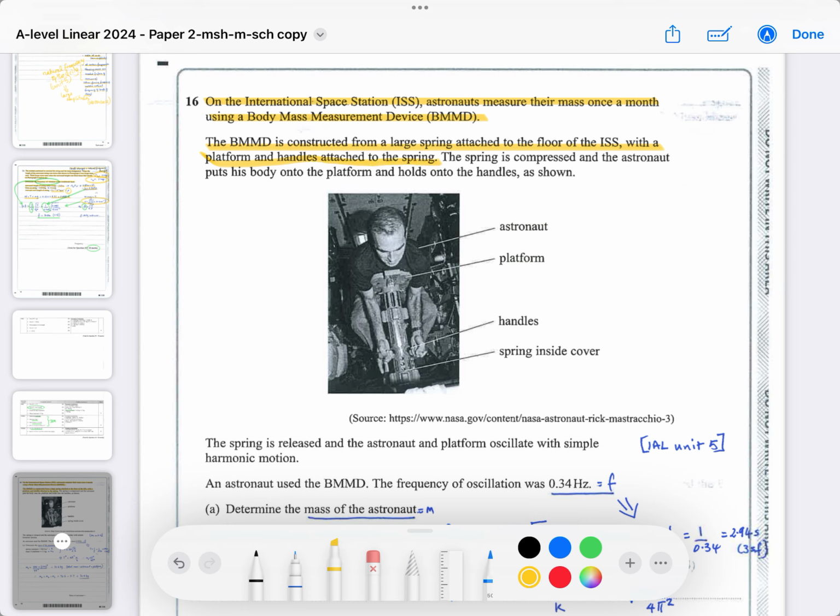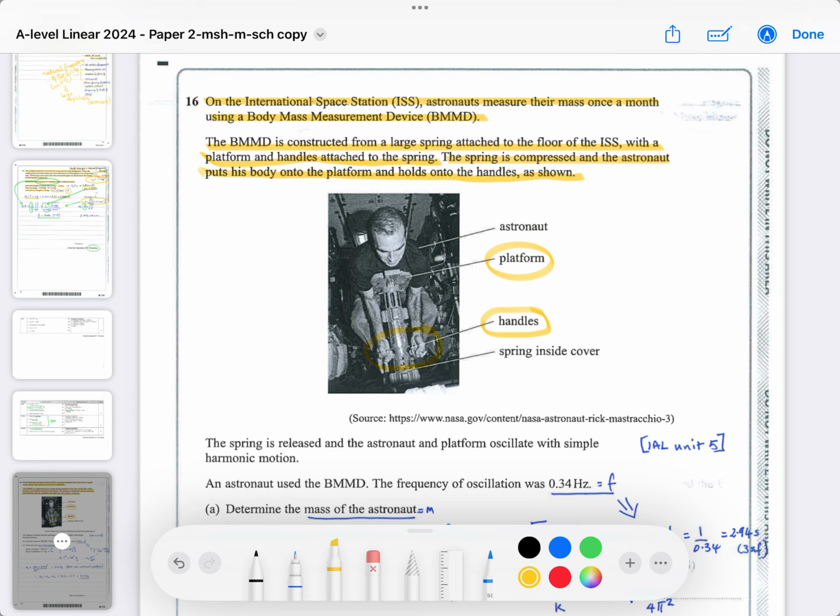So it looks like he's holding onto the handles here, and he's pushing on the platform. So the spring is compressed and the astronaut puts his body onto the platform and holds the handles as shown.